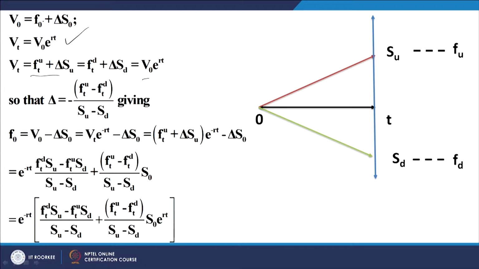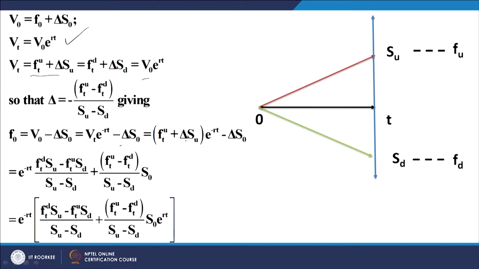So V0 is equal to VT e to the power minus rT, discounting it backwards, minus delta S0. Delta is given and S0 is also known to us. So, we are simply plugging in the values.